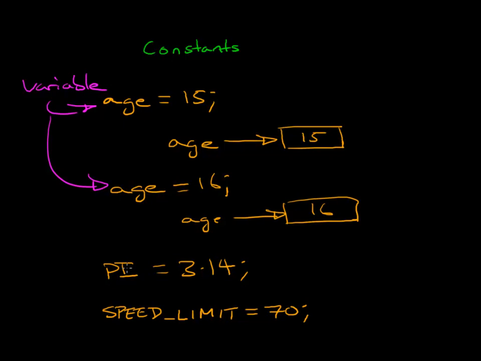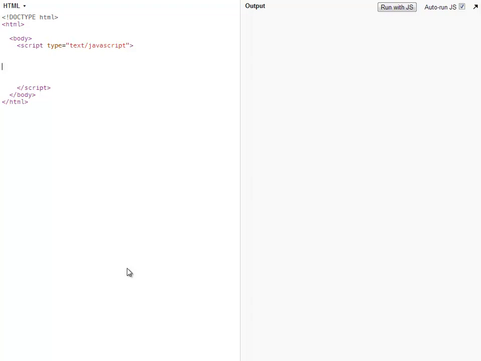Now in certain languages like C# or Java, you can tell the identifier that it's going to be a constant, and then the programming language will prevent you from changing it. When we do a language like JavaScript, and there's a number of other languages like it, we aren't able to say that it's going to be a constant.